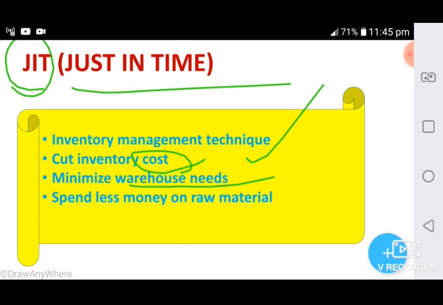It also minimizes the warehouse needs, which means that the manufacturer can quickly move from one product to another. Companies also spend less money on raw material because they buy just enough resources to make the ordered production and no more.